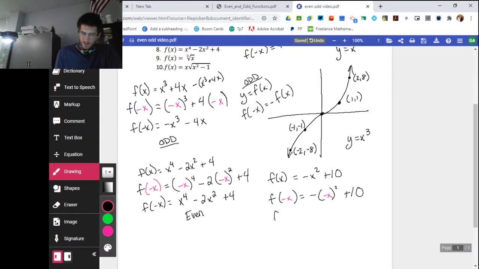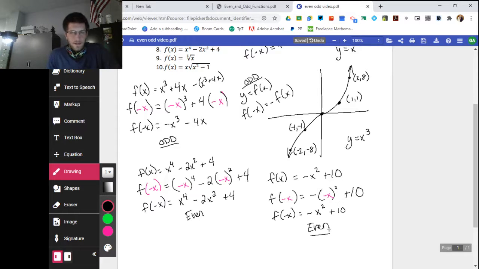I know that if I have a negative x squared, that's positive x squared times this negative, negative x squared, and then I have this plus 10 on the end. Well, that looks like an even function to me. Negative x squared plus 10, exactly the same, an even function for that as well.